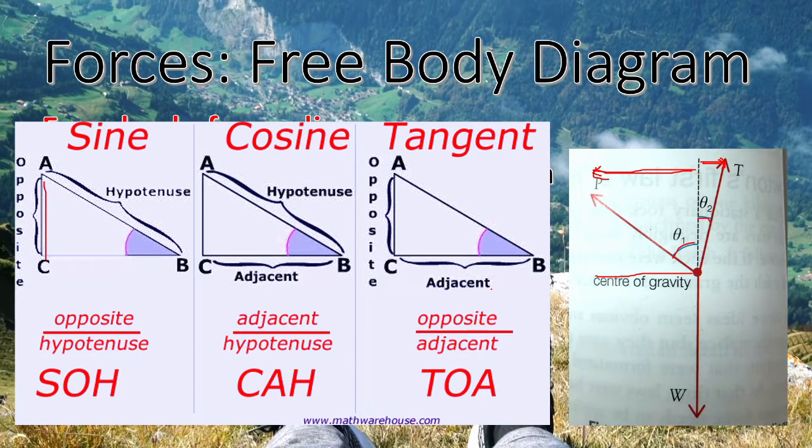For this one, we're going to use the sine function. So sine theta 1 equals opposite, which is our x, divided by the hypotenuse, which is your P. Same thing on the other side, sine theta 2 equals x divided by T. So rewriting the equation, we will have P sine theta 1.